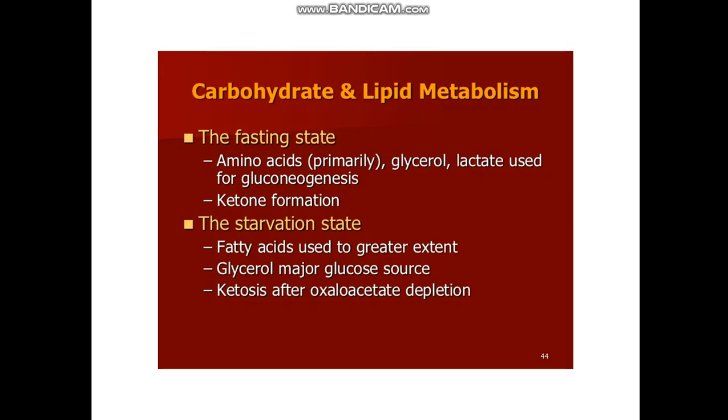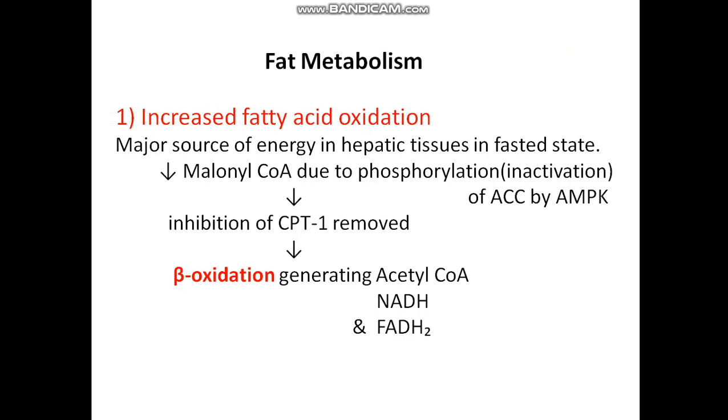So you see the carbohydrate and lipid metabolism are interconnected. In the fasting state, amino acids, glycerol, and lactate are used for gluconeogenesis and ketone formation, and in the starvation state, fatty acids are used to a greater extent. Glycerol is the major glucose source, and ketosis occurs after oxaloacetate depletion.